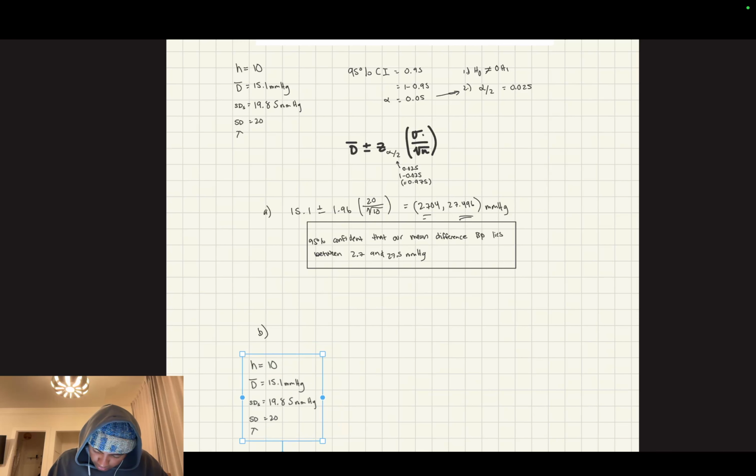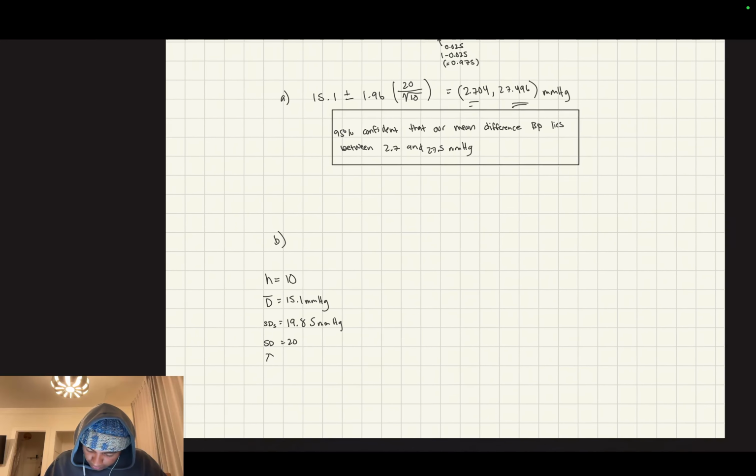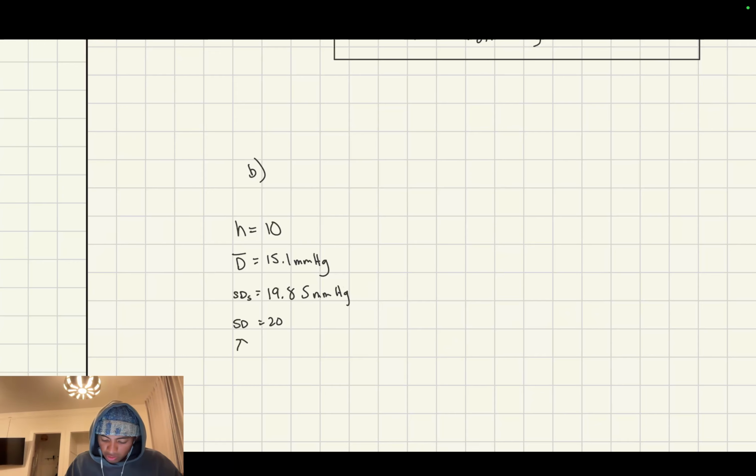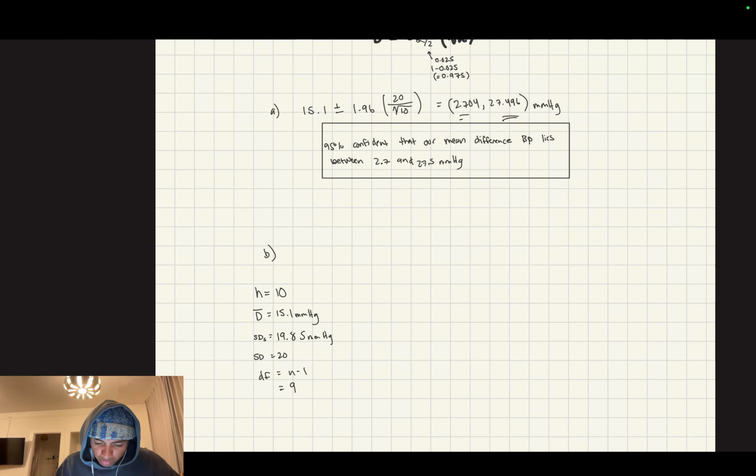One thing we need for the T distribution that we don't need for the Z distribution is the degrees of freedom. Our degrees of freedom is n minus 1, which is 10 minus 1, which is 9.